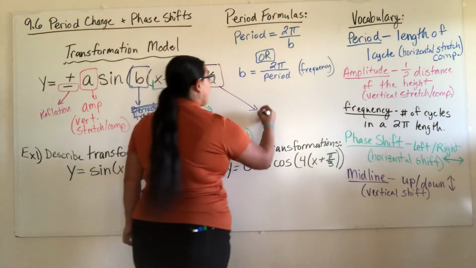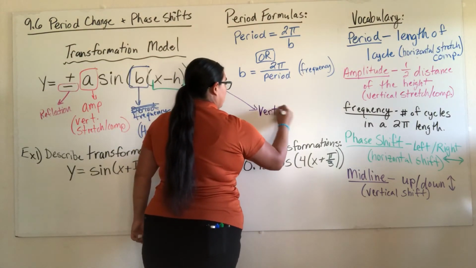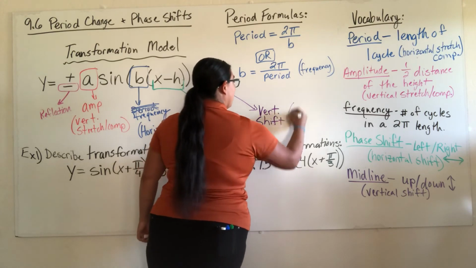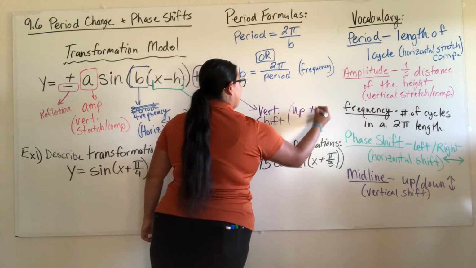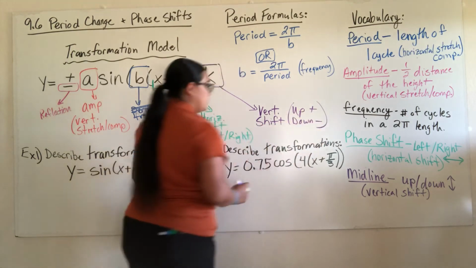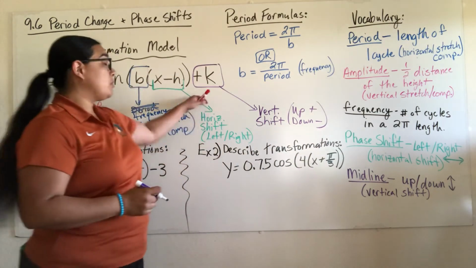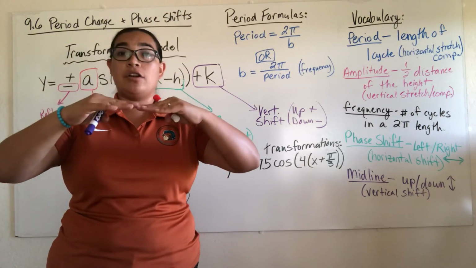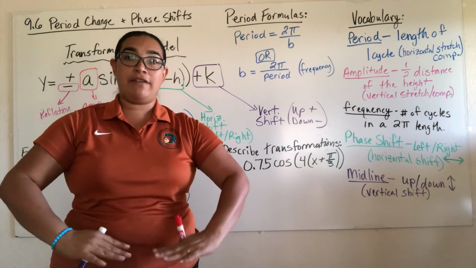So this is controlling your vertical shift. If it's positive, it'll go up. If it's negative, it'll go down. So if that number were -5, all it's going to do is make your trig graph go down 1, 2, 3, 4, 5 units.